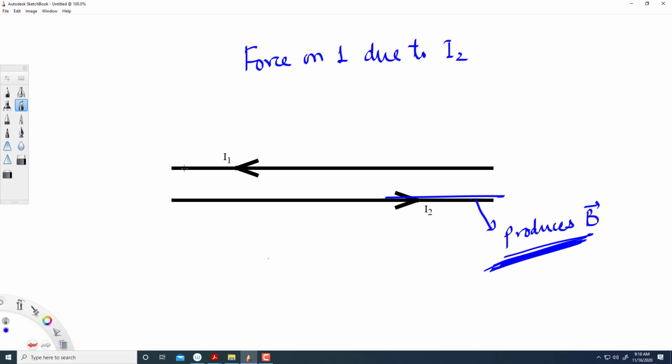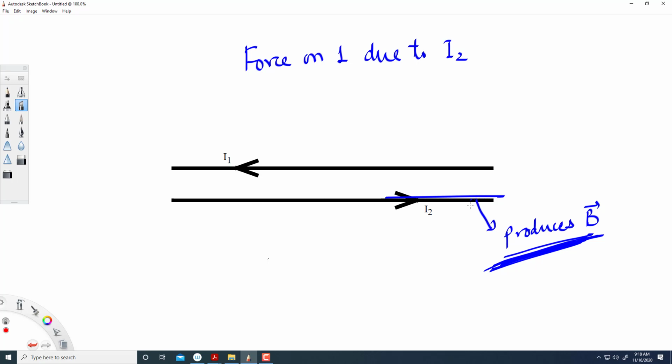So we want to find the force here. So think about the direction of the magnetic field at that point. So use right hand rule, point your fingers towards the direction of the current. Current is going to the right.